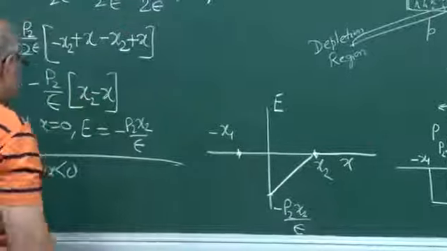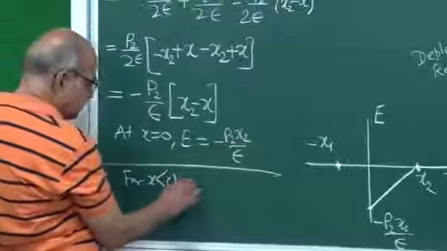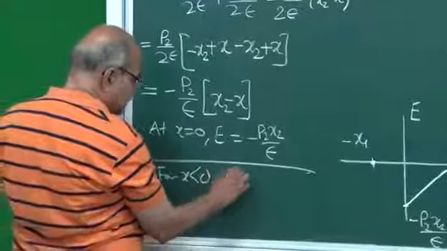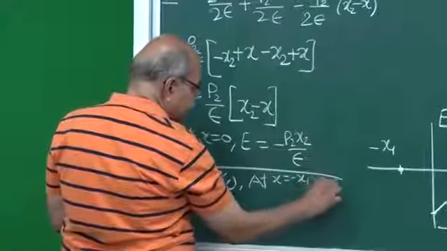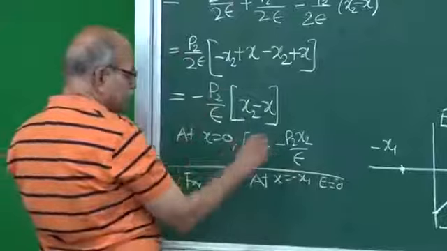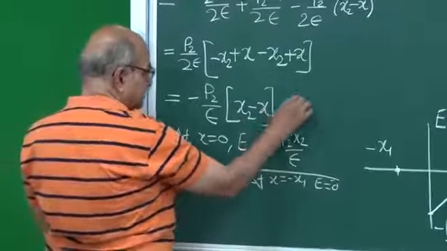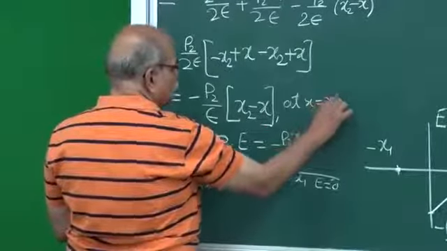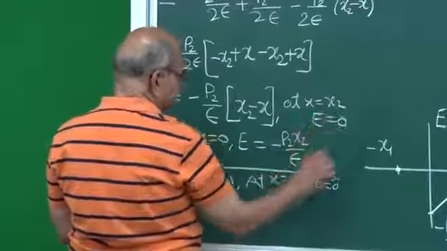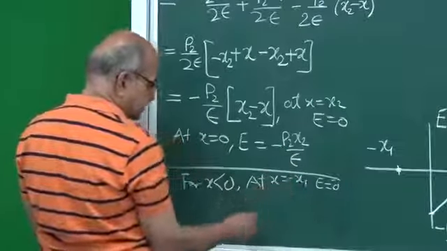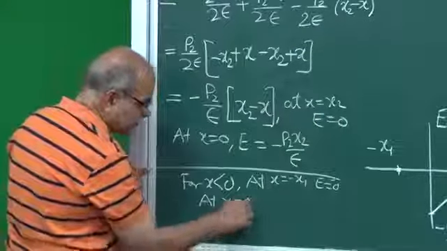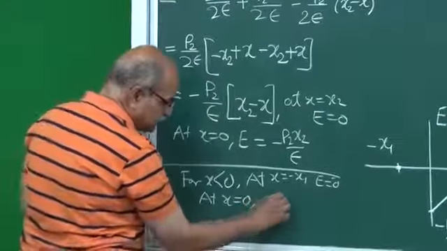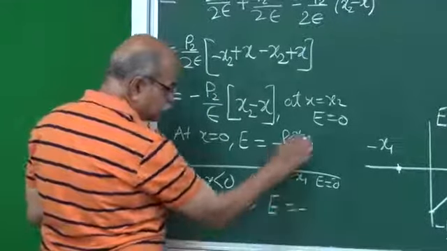And on the other side, for x less than 0, what you will expect is that at x equal to minus x1, the electric field will be 0, and then at x equal to 0, from the same expression, your electric field should be minus rho 1 x1 over epsilon, where it was rho 2 x2 here.